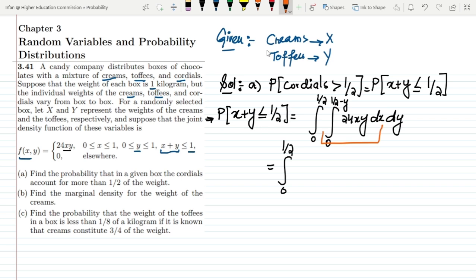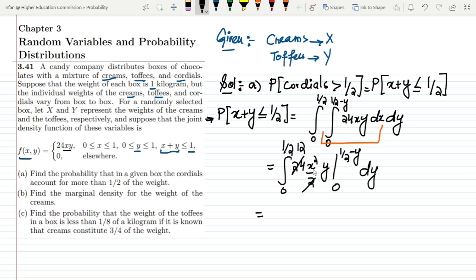What will we get here? We will get 24, and with respect to x, x square divided by 2, and here we will have y, from 0 to 1 by 2 minus y, and integrating with y is left.